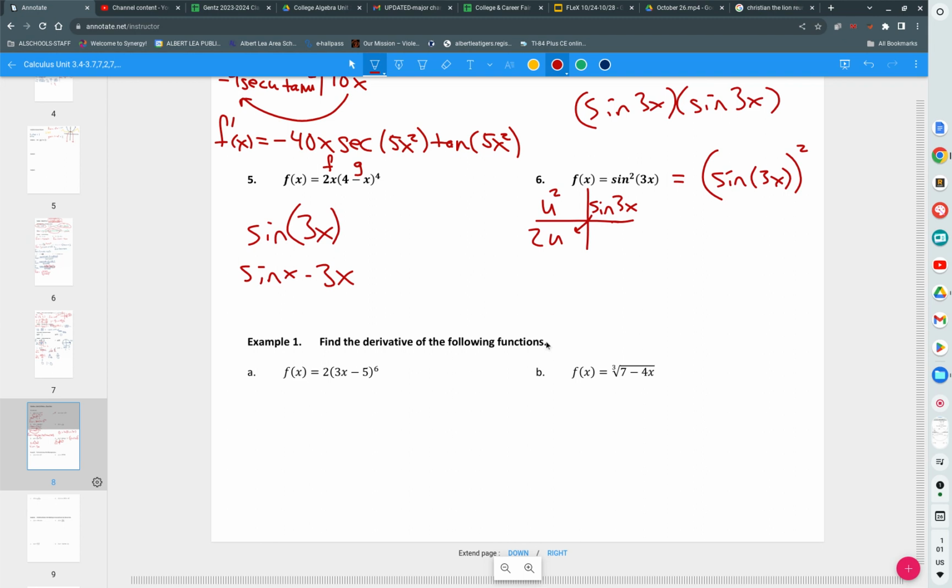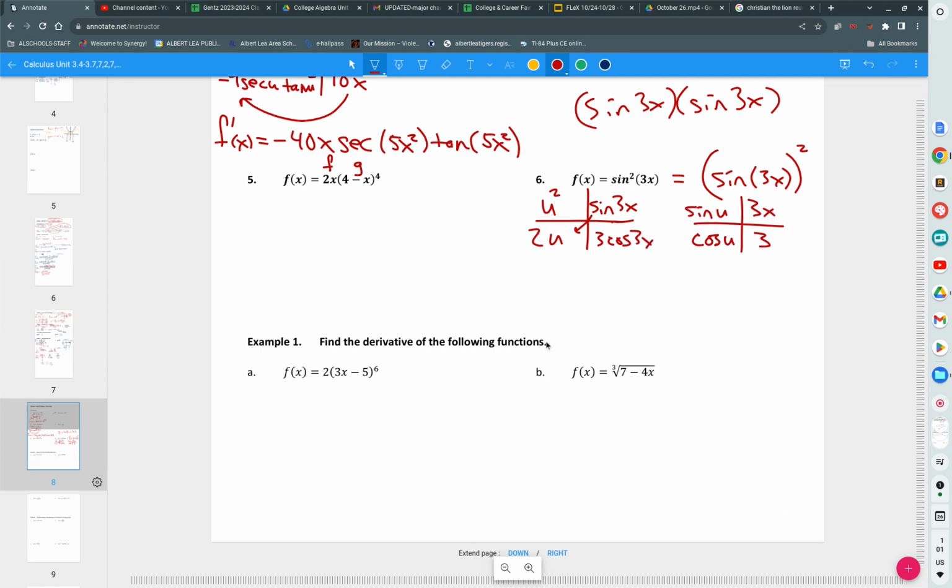So this problem involves the chain rule 2 times. So I'm going to set up another piece for the chain rule right here. For sine of 3x, I see that the outside is sine of u. What's the inside? 3x. Derivative of 3x? 3. Derivative of sine of u? Cosine of u. So what is the derivative when you multiply those together? 3 cosine of 3x.